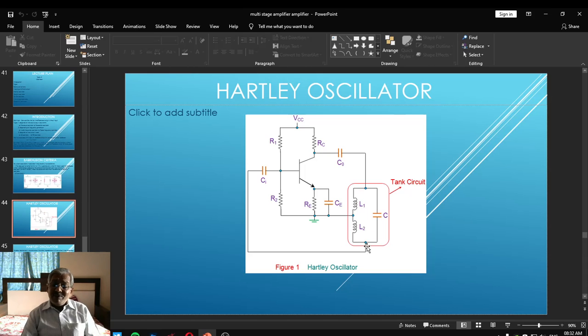Once the steady state is reached, meaning if di_C by dt becomes equal to 0, then we can say the steady state of magnetization is reached across the combination of L1 and L2. As the capacitor is completely discharged, now the magnetic flux starts collapsing. And when the magnetic flux collapses, capacitor C will start charging with the polarity opposite to the previous one.